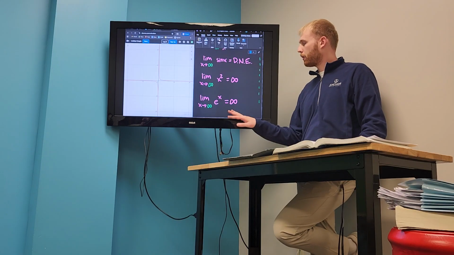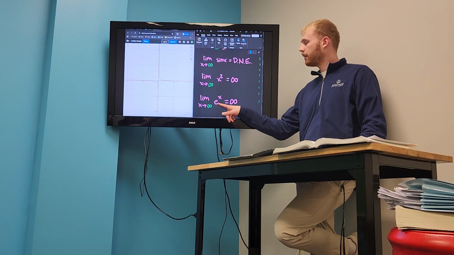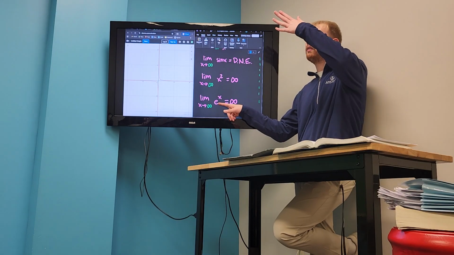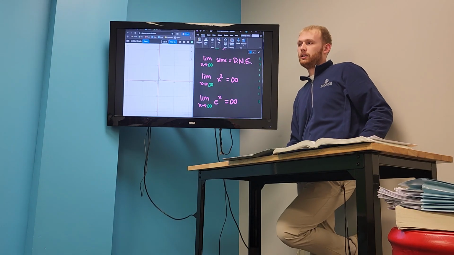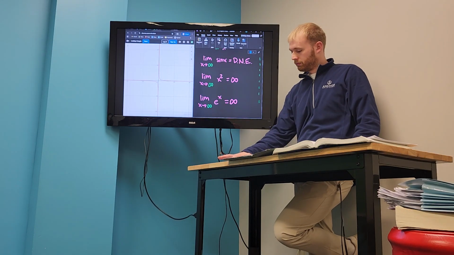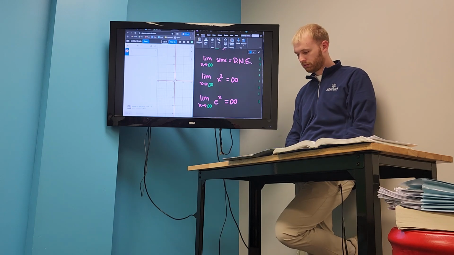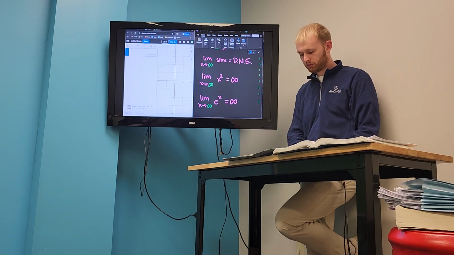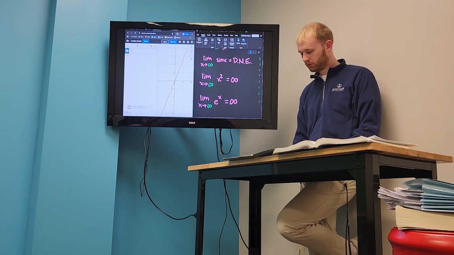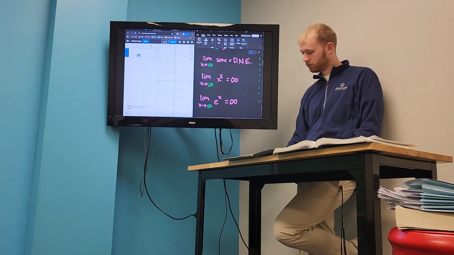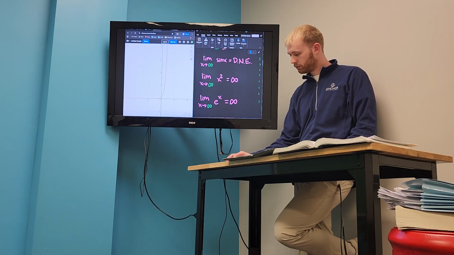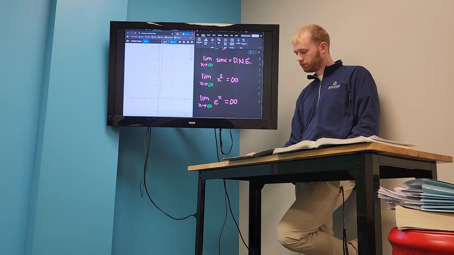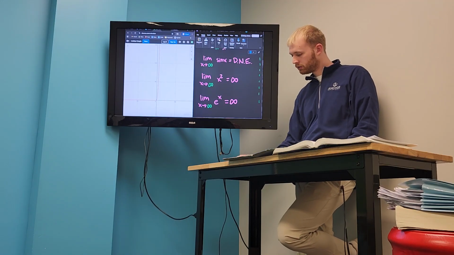How about this one? Does e to the x approach a certain value as it gets bigger? It's not trending toward anything, because it's just a constant value with an exponent. If it was negative, it'd be 0.